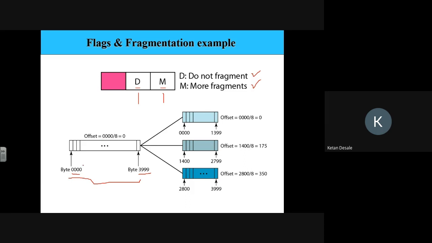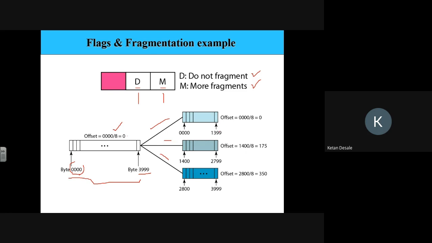I always take the first byte of the packet and divide it by 8, and that gives the offset value.